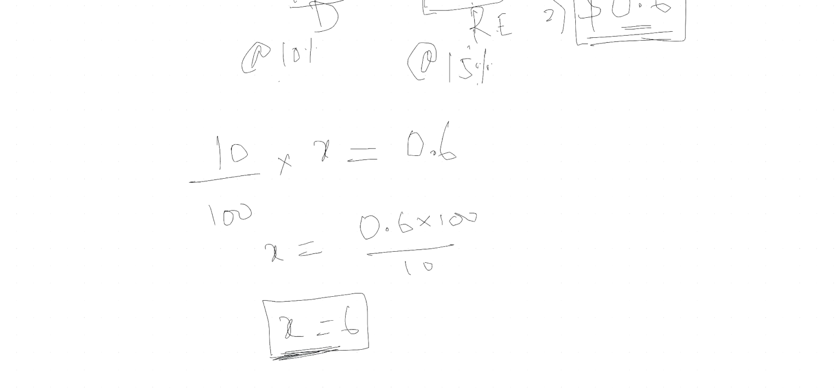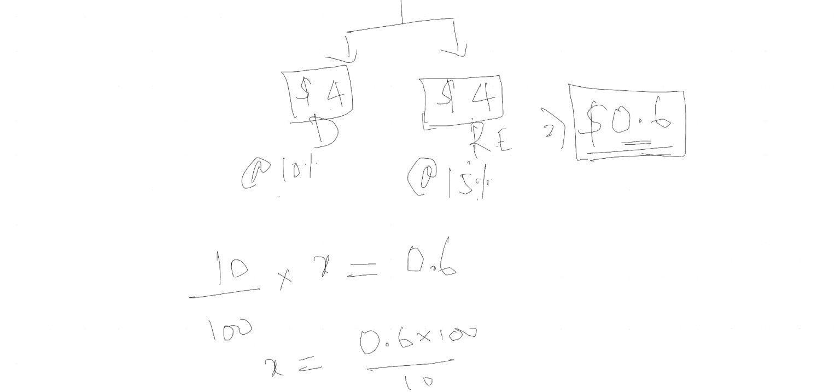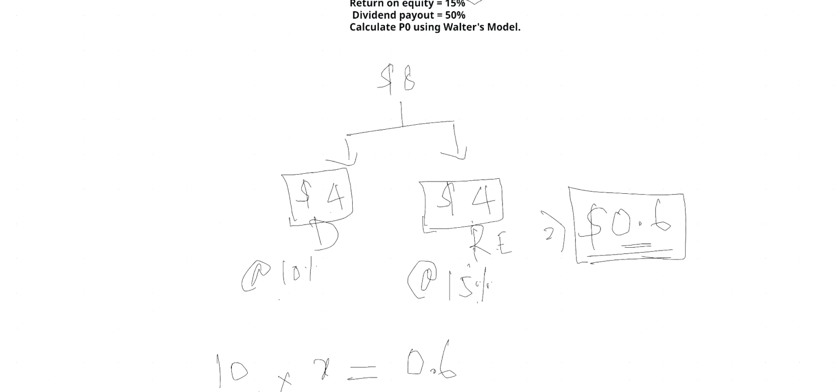With this $4, the shareholders cannot earn an income of $0.6. Clear so far? Now, what is important to understand is this $4 in the shareholders' hand will remain $4. That will not change.